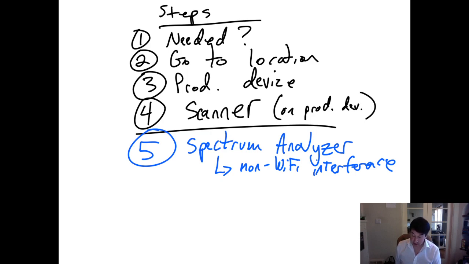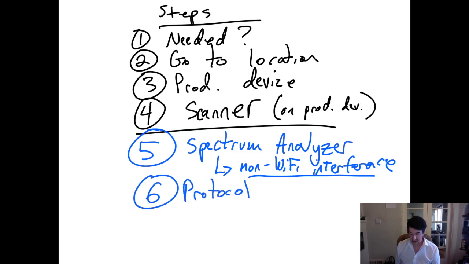If you find there is no non-Wi-Fi interference, then you might have to really dig deep, and that's where you would use the protocol analyzer. That's where you would use something like Wireshark, and you would try to dive a little bit deeper into areas like device behavior, possibly into attacks.